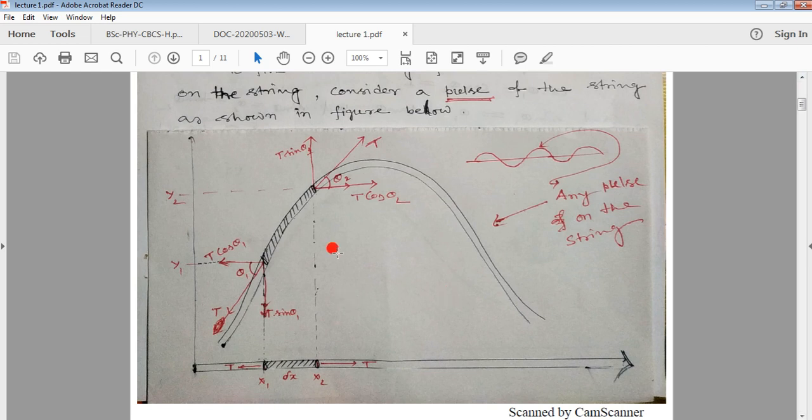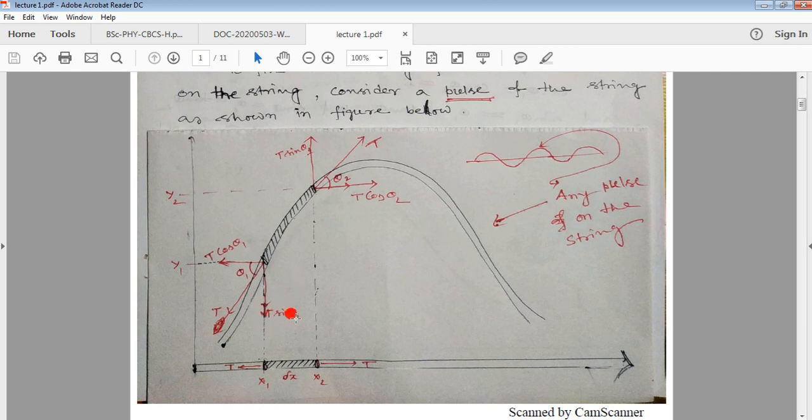So we know that during vibration at any point or any segment, the total y component or transverse force is T sin theta 2 minus T sin theta 1. So here it is T sin theta 1 and T sin theta 2.